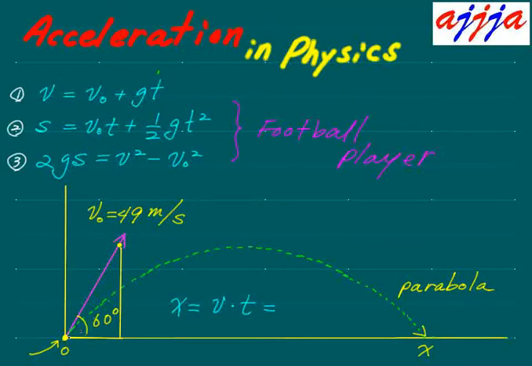Then this goes this way, this much, then upward, this much. This is the velocity for upward and the horizontal velocity. We're going to find out this. This is what V is right here.